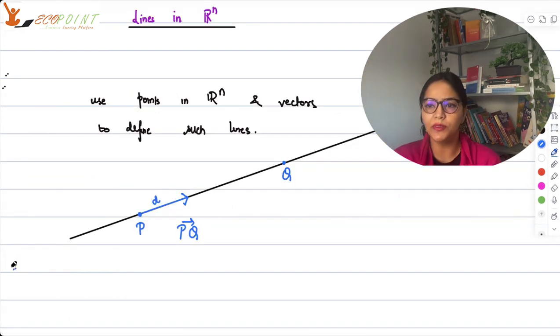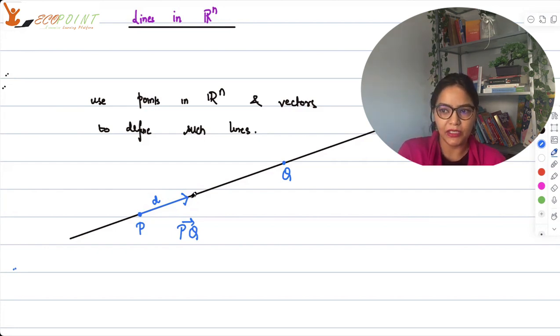If we observe PQ, the line segment, you can see that it's in the same direction as D, the direction vector, as we call it.